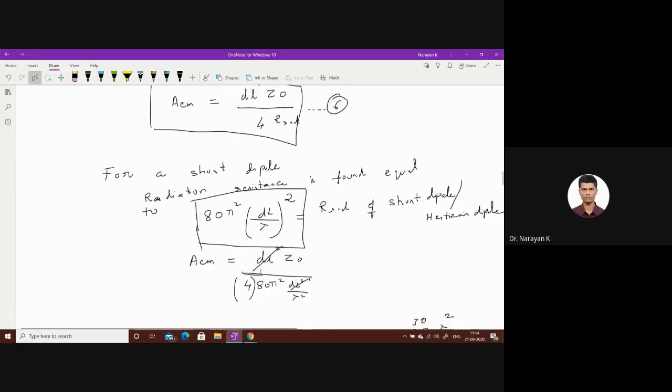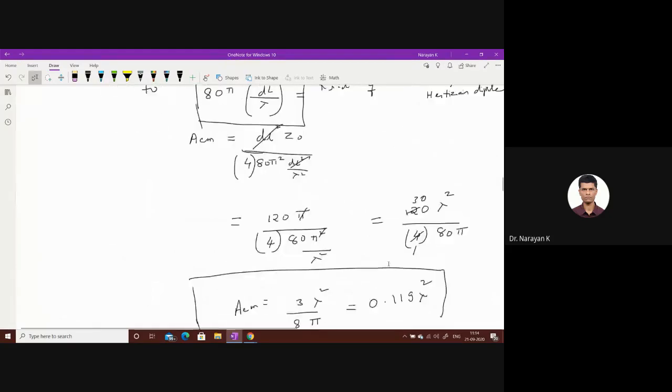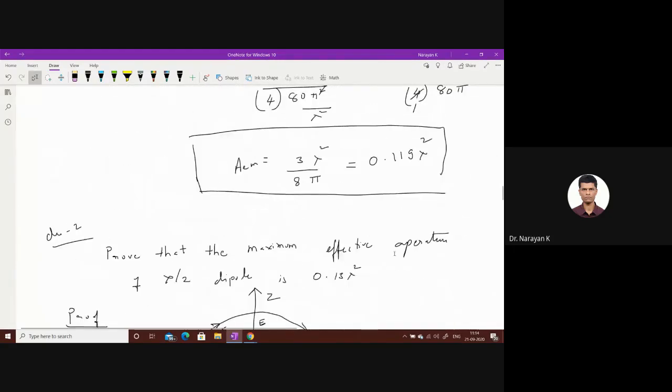Once you substitute that, you will end up getting 0.119 lambda square as the maximum effective aperture of a short dipole, or a Hertzian dipole.